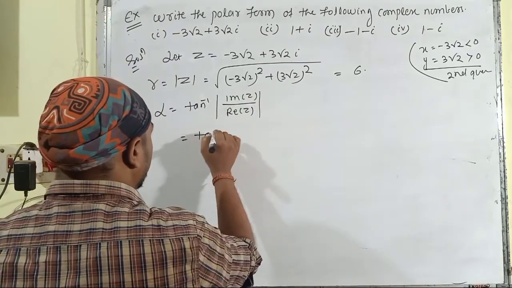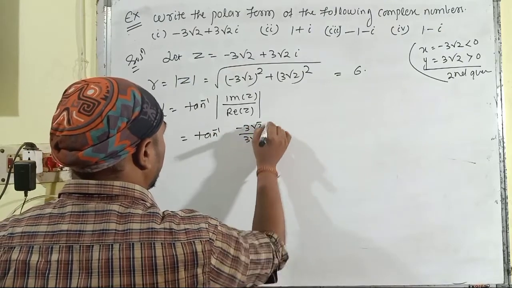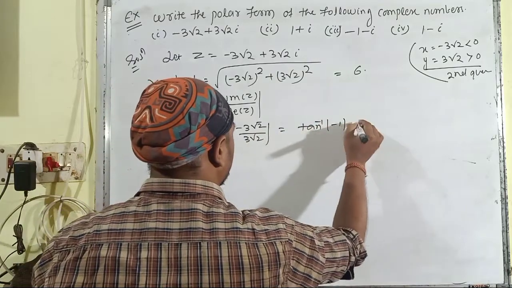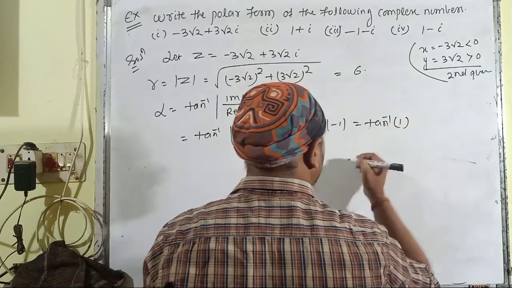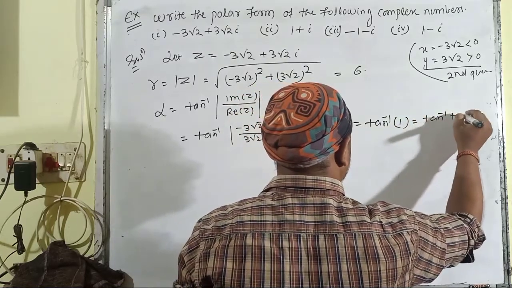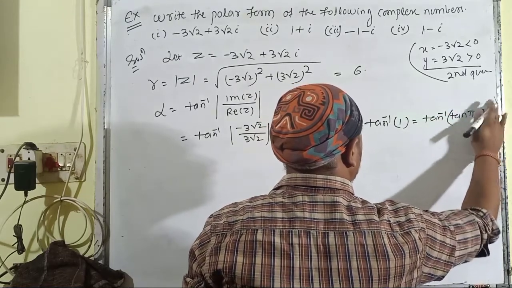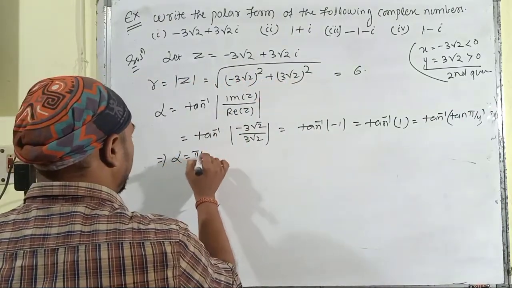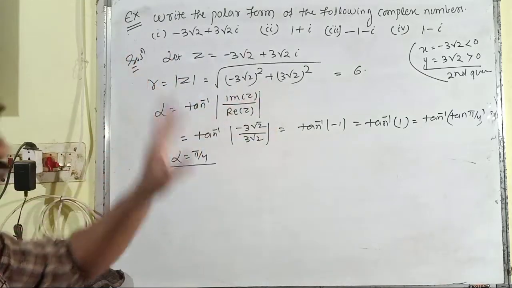Then this is tan inverse modulus of minus 1, that means it will be equal to tan inverse 1, and here it will be equal to tan inverse tan pi by 4, which is equal to pi by 4. Okay, let us write down. That implies alpha is equal to pi by 4. The complex number lies in the second quadrant.